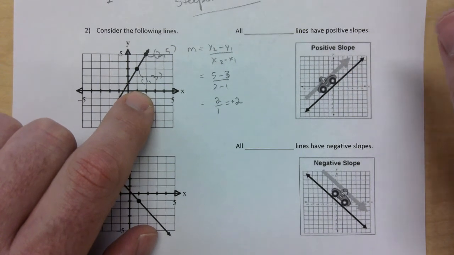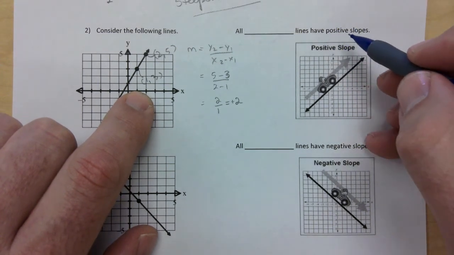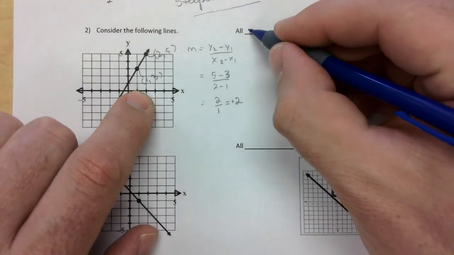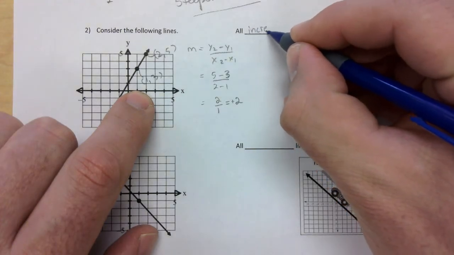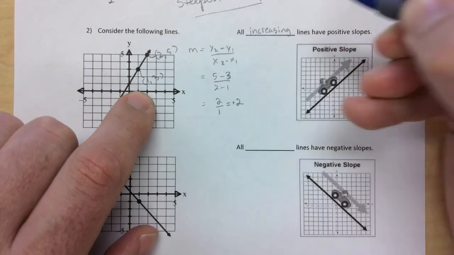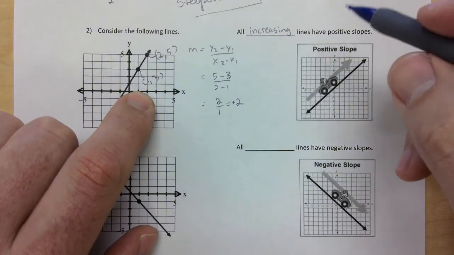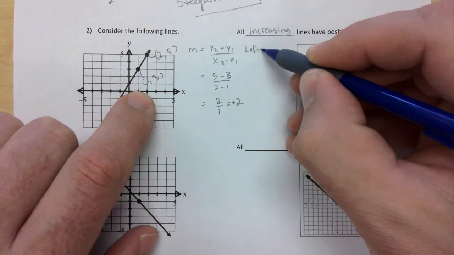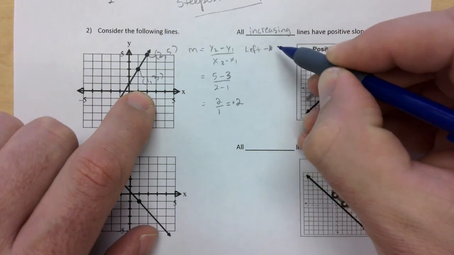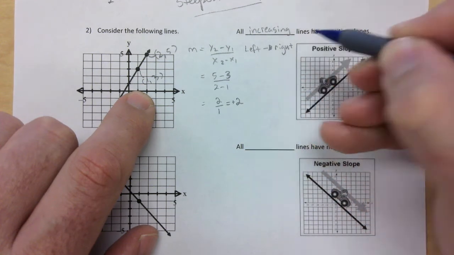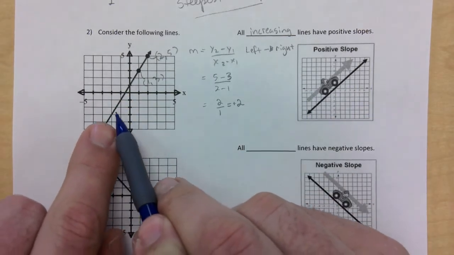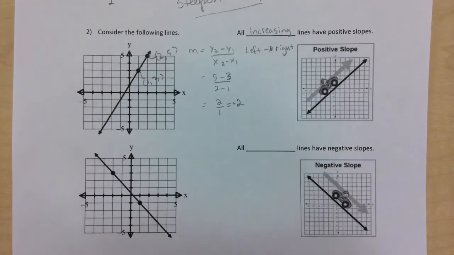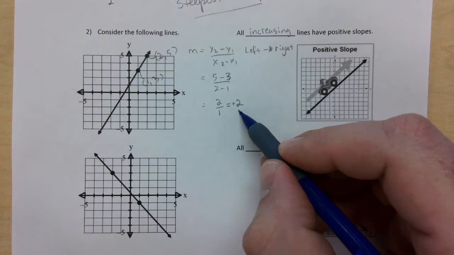Okay. All increasing lines have positive slopes. You always go left to right. That's how you know for sure. If you're not sure, start from the left. Yeah, this one is going up. So this is a positive 2 slope.